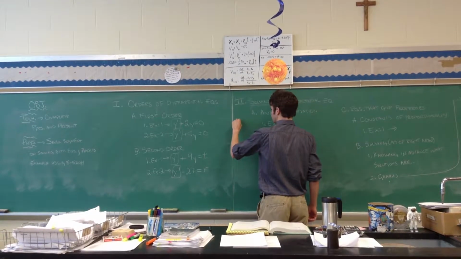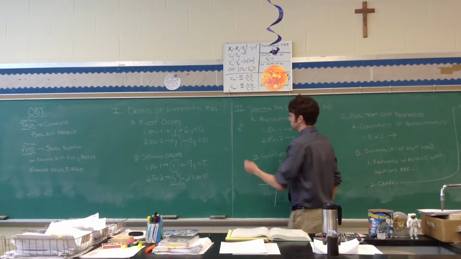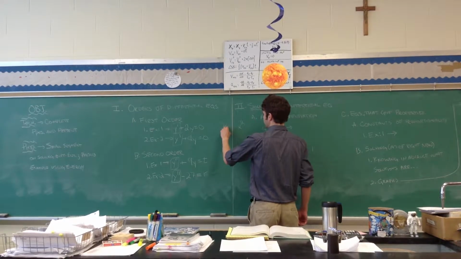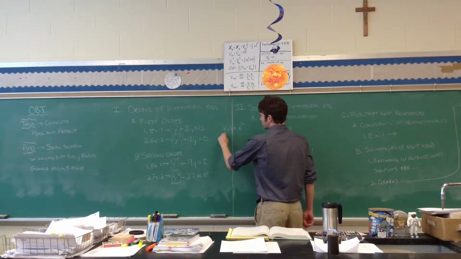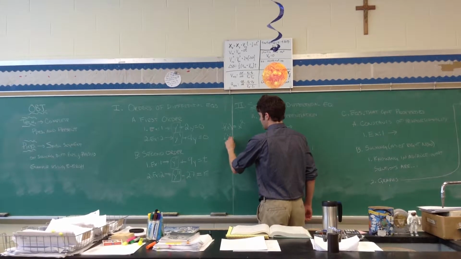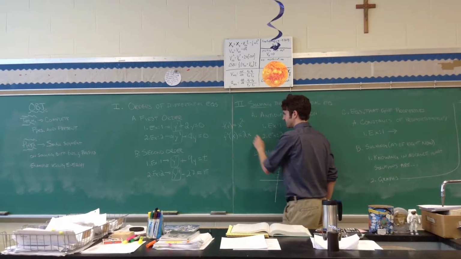So if we have, say, f of x equals x squared, the first derivative would be 2x. Right.